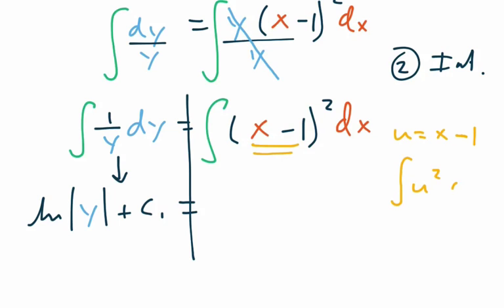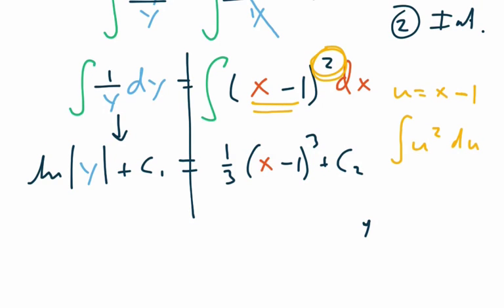If I'm integrating u squared, I would simply have 1/3 times x minus 1 cubed, and then plus c2. Okay, so that's basically the hardest part here, figuring out what two integral rules to use. And now we're done integrating.